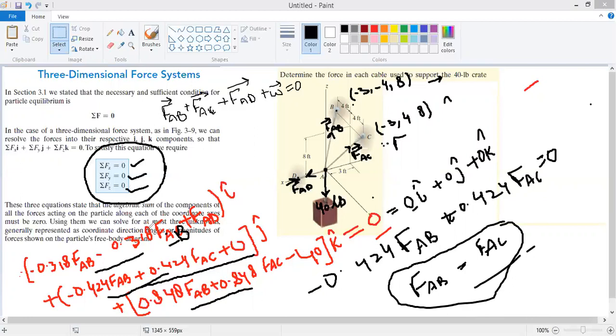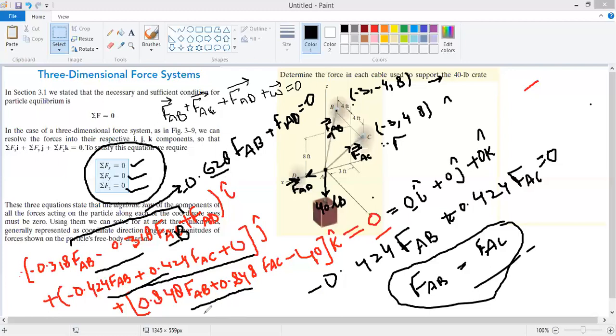Using this, we can write minus 0.628 FAB minus 0.628 FAB plus FAD is equal to 0. This equation we have obtained from the earlier one.